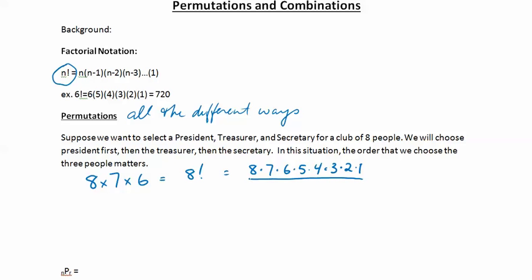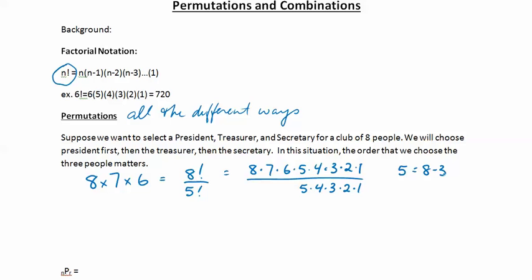But we have to divide out the 5, 4, 3, 2, and 1 factors. So 5 times 4 times 3 times 2 times 1 is 5 factorial. Now that 5 factorial, we need to relate it back to our numbers of 8 and 3. So 5 is, of course, equal to 8 minus 3.